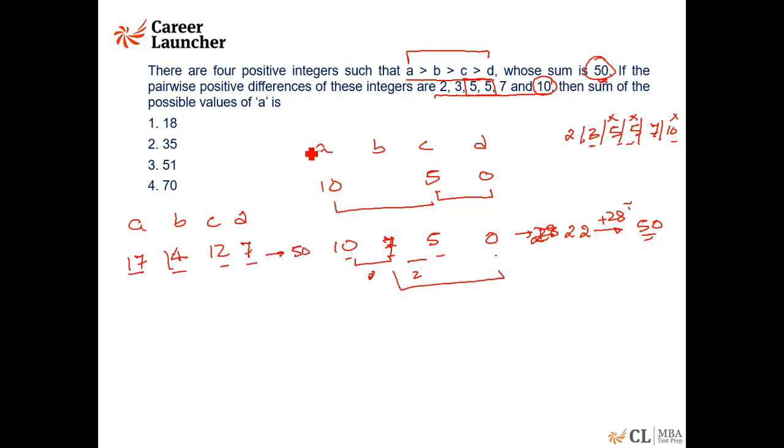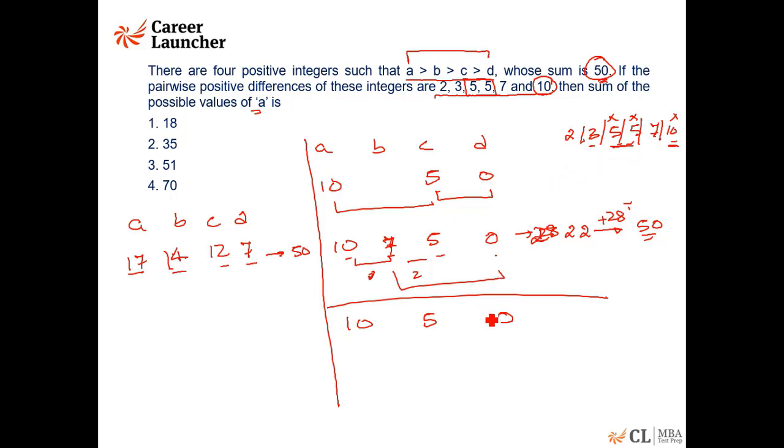So the reason I started with 10 and 0 is because my calculation will become easy. What is the sum of possible values of a? So a we already have 17. What else can we do? This is one case we have created. Again, we will go back to the same thing. 5 is fixed. That I am very sure about. 5 is fixed definitely. So 10, 0 and 5. So I have to play around with 2, 3 and 7.